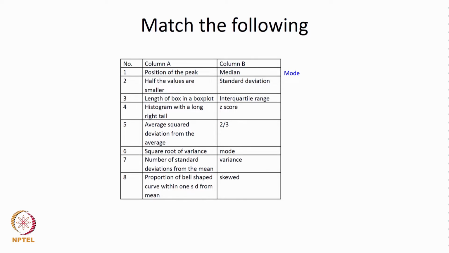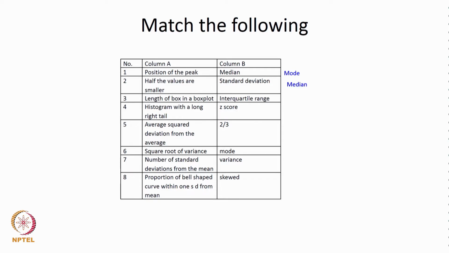The measures of central tendency that we have in this list in column B are median and mode. We have already used the mode, but we also know that the median is a measure which is in the middle. So, 50% of the data are lesser than the median and 50% are more than the median. So, half the values are smaller, the correct answer is the median.